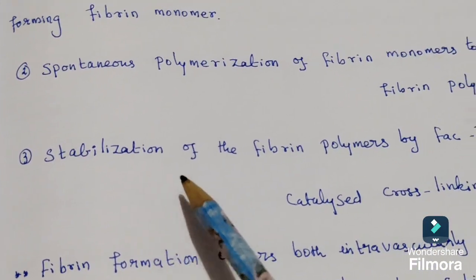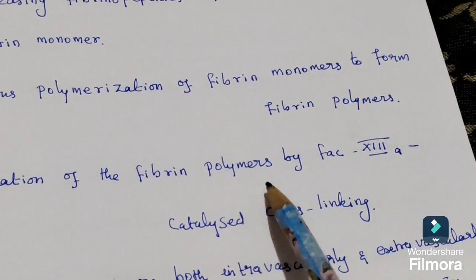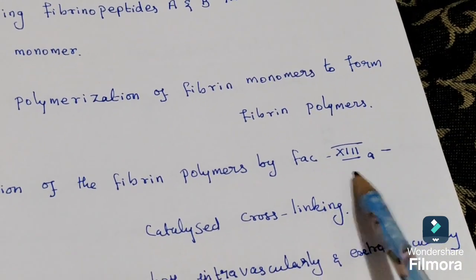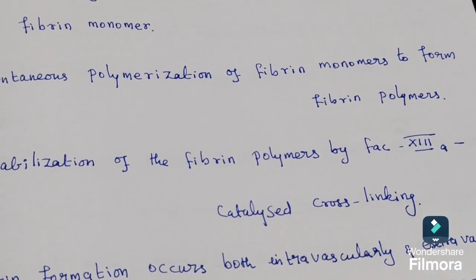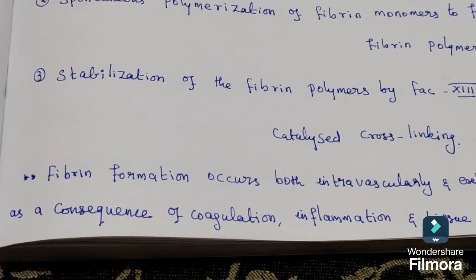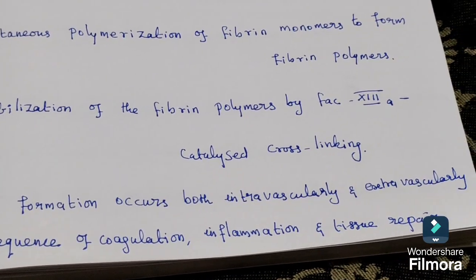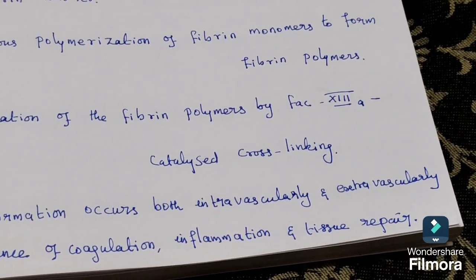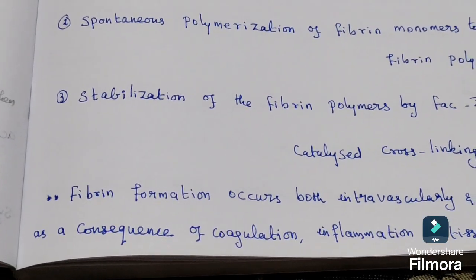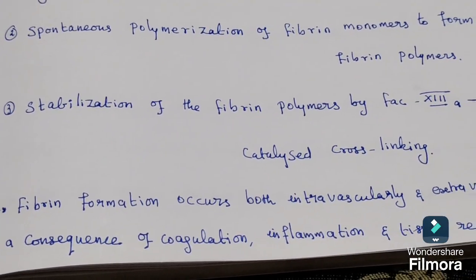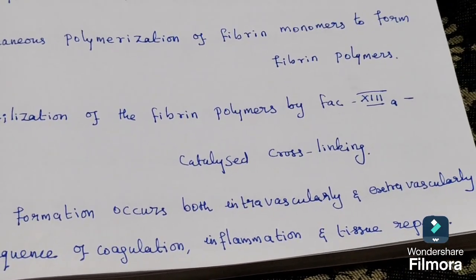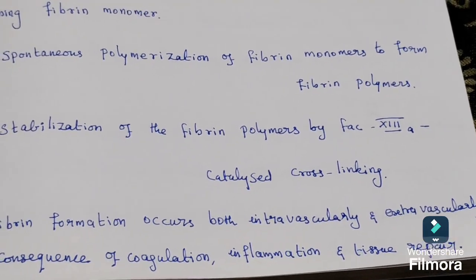Third step, stabilization of fibrin polymers by factor 13A catalyzed cross-linking. Fibrin formation occurs both intravascularly and extravascularly as a consequence of coagulation, inflammation, and tissue repair.